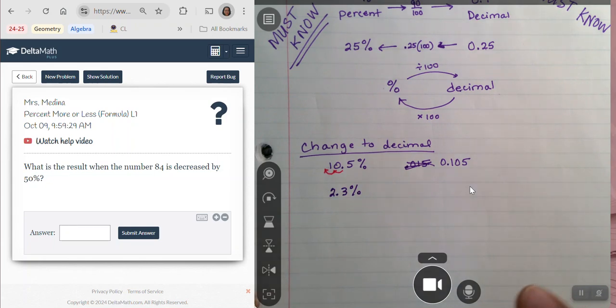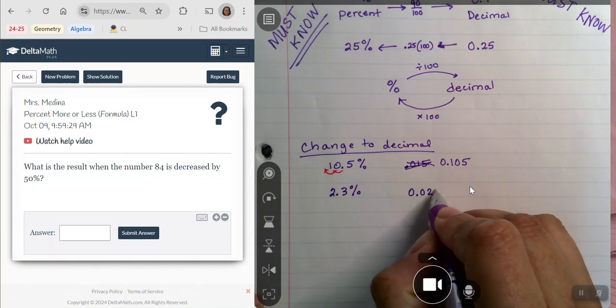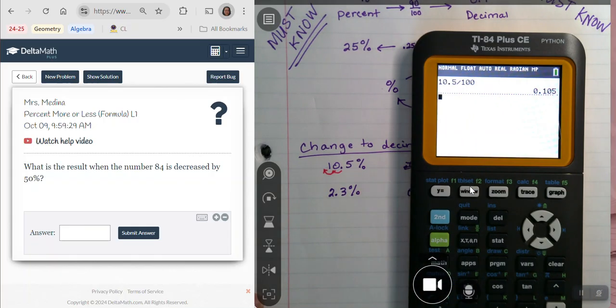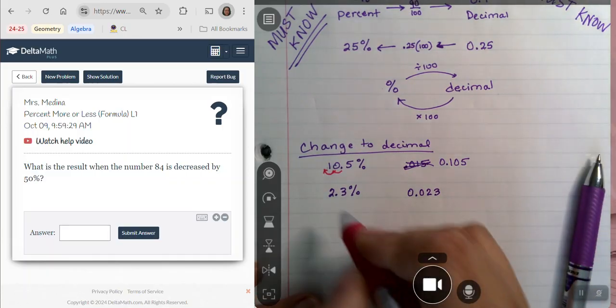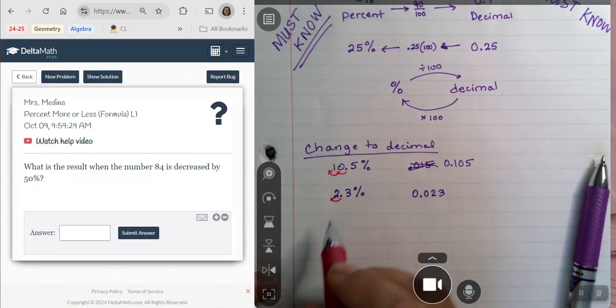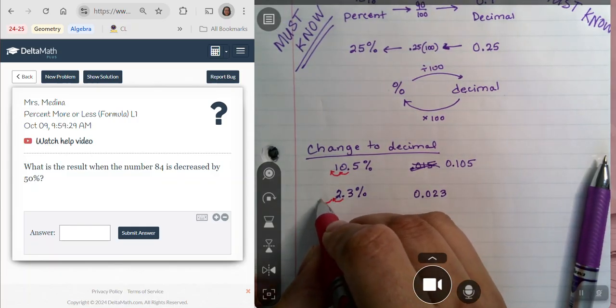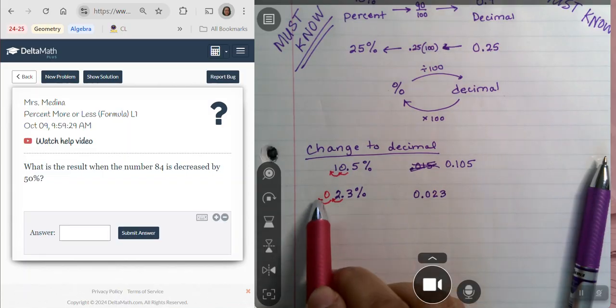I want to see calculators. 0.023. All right, so then you do 2.3 divided by 100, 0.023. And that's why some teachers say just move the decimal twice to the left. If you move it once, you're in front of the 2. But you got to move it again because you got to do it 2 times. And that's why you need that 0 there. And then the decimal is now located here.